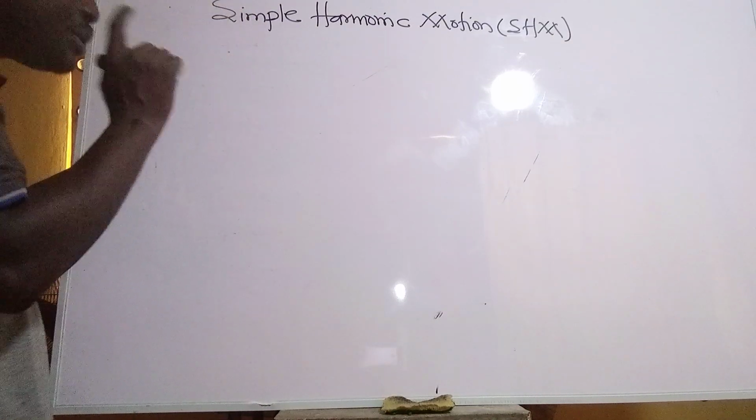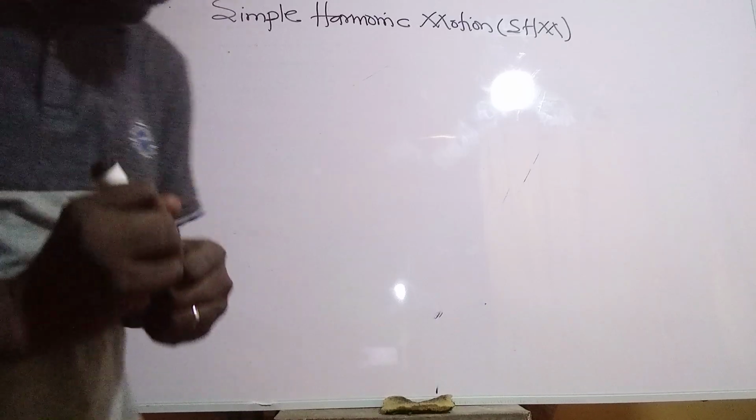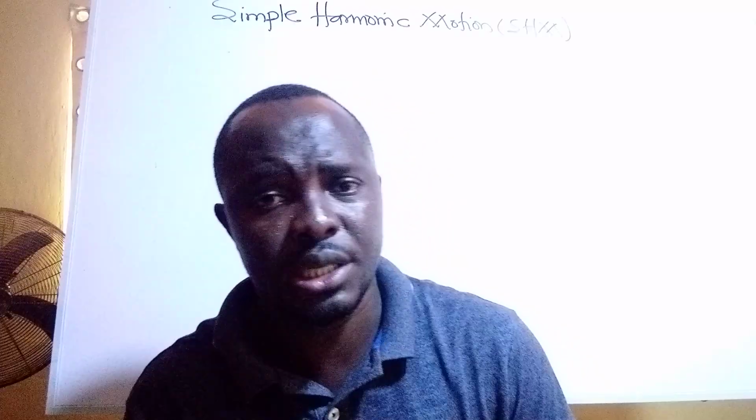Why simple? Let me first define it before we look at the key parts within the concept. Simple harmonic motion is also a kind of oscillatory motion, but with some special attributes or qualities.